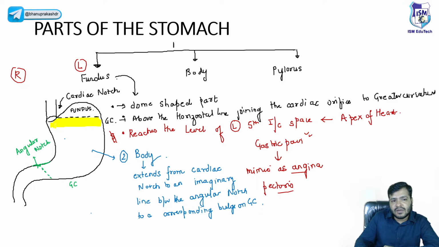Anatomical demarcations are very important: you have to know exactly till what region you call the body, and what is the fundus part. I hope this is clear to everyone. So yes, this is the body part.